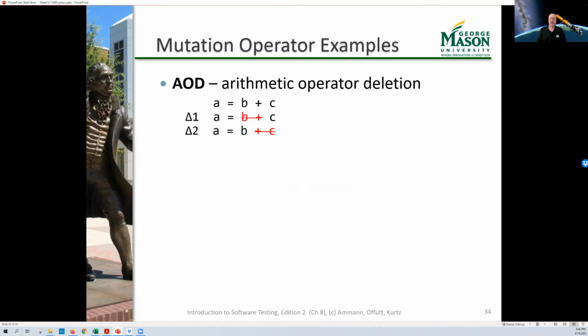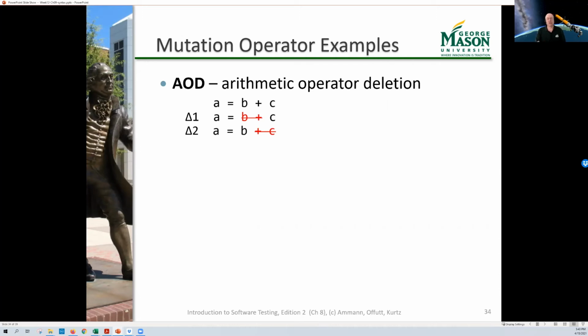So an arithmetic operator deletion. I'm going to find each statement in the program everywhere that an arithmetic operator appears, and I'm going to remove that arithmetic operator. Now, most arithmetic operators are binary, like addition. So when I take A equals B plus C, I can't simply remove the operator and have A equals BC, because A equals BC can't be compiled, right? I've violated the syntax.